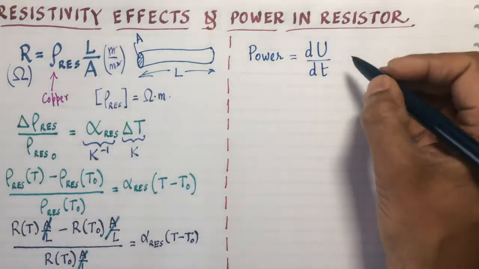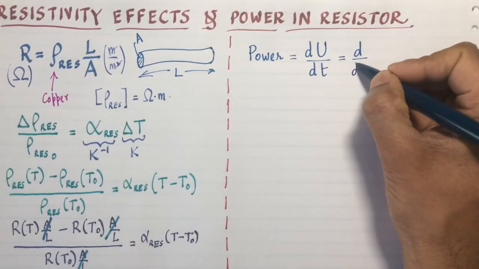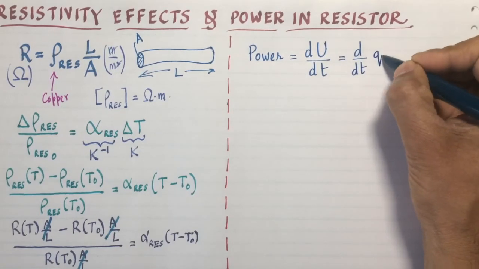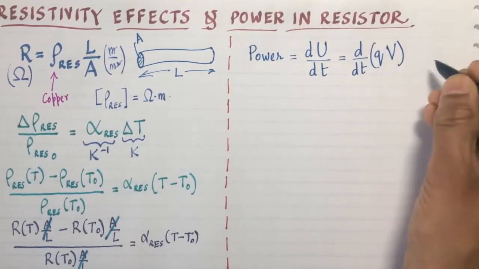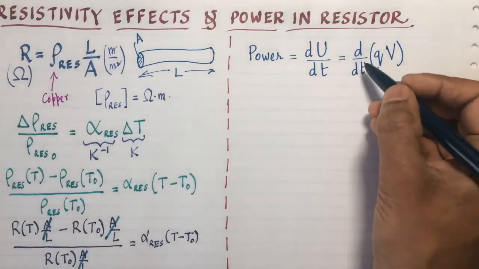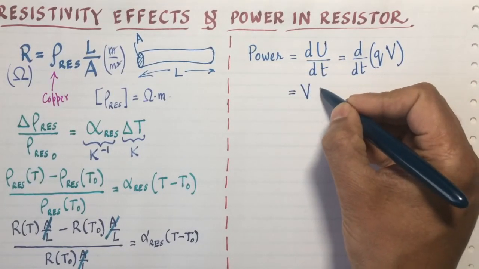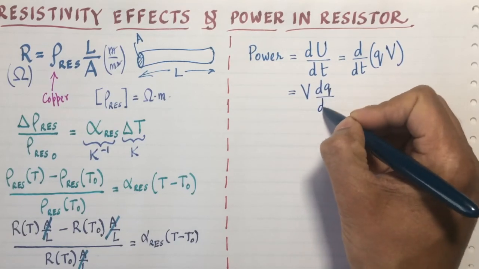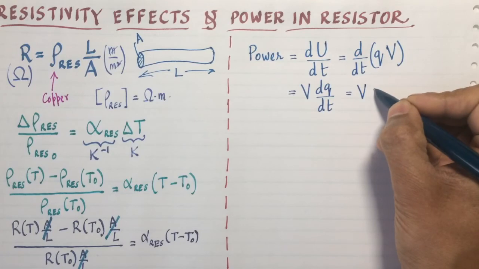Now the energy in a circuit is going to be, as I said, the charge times the potential difference, or the potential at any point. Now the potential at any point does not really change, so dq by dt is what we need to do here, and that gives me V times the current in the circuit.